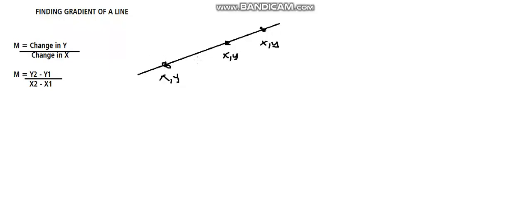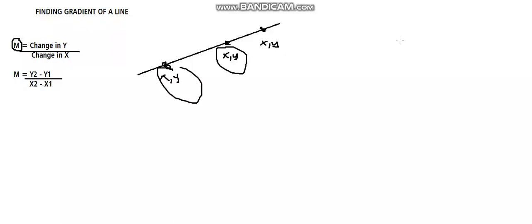We can pick any points, as long as it's a straight line. If I want, I can pick this and this to find the change in y and the change in x to give me the gradient. Now, gradient has the symbol m, which is equal to y2 minus y1 over x2 minus x1.